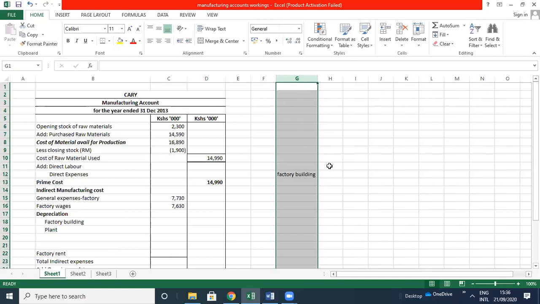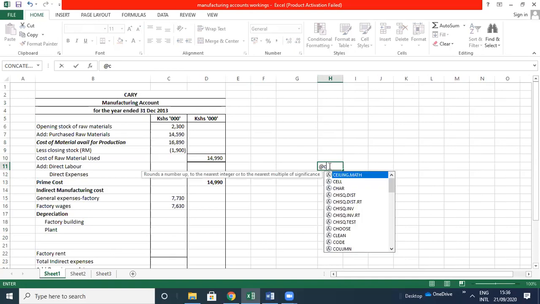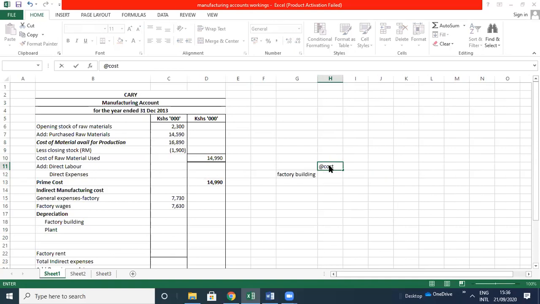We have been told that there is an accumulated depreciation, which means these are depreciation for the last years, which is 15,370.